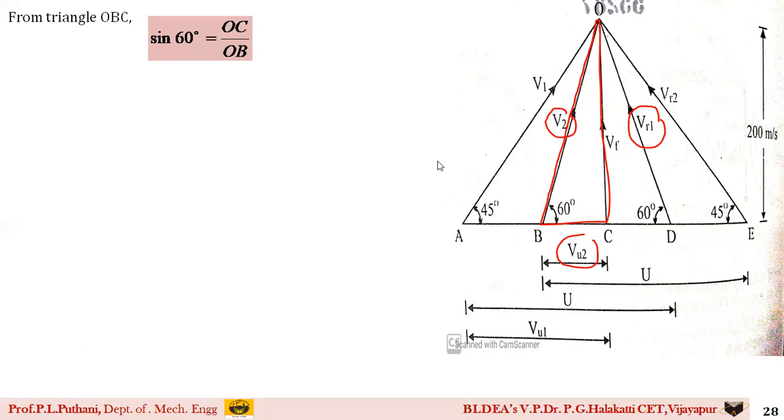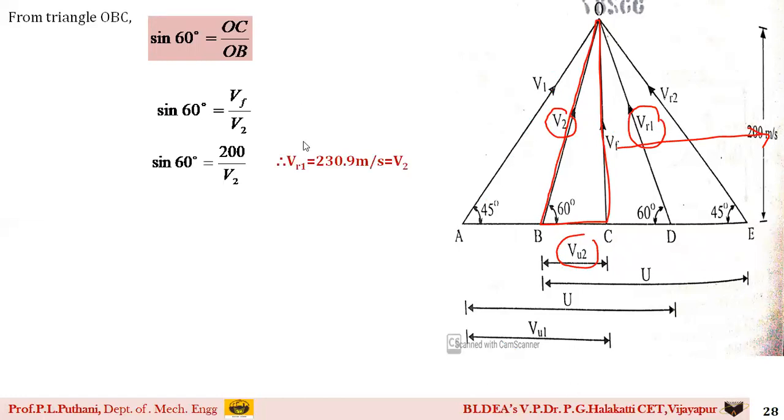VF value is already given in the picture here, it's 200 meters per second. So we will get the value of V2 using this function. On simplification, I get the value of V2 as 230.9 meters per second. As I said, both are the same. We get the value of V2 equal to VR1 equal to 230.9 meters per second.